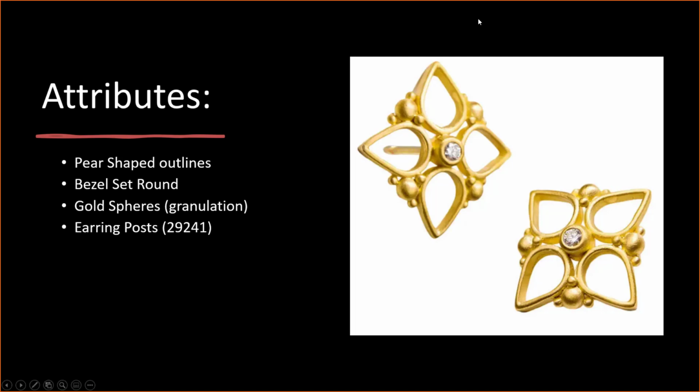We're also going to talk about how you might do the manufacturing for this. Typically, we do not cast earring posts onto the design as one piece, but it would be nice if we could input a similar piece so that the customer could get an idea of what the finished model might look like.